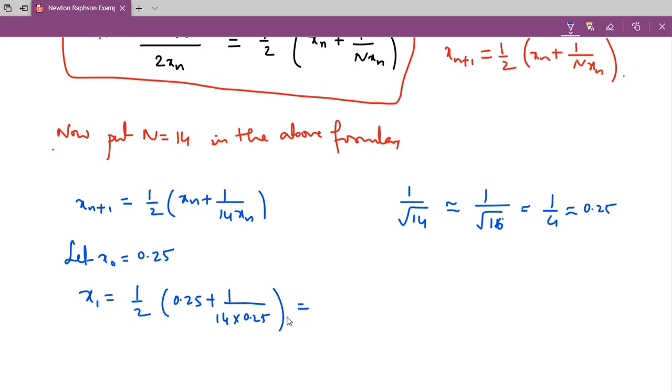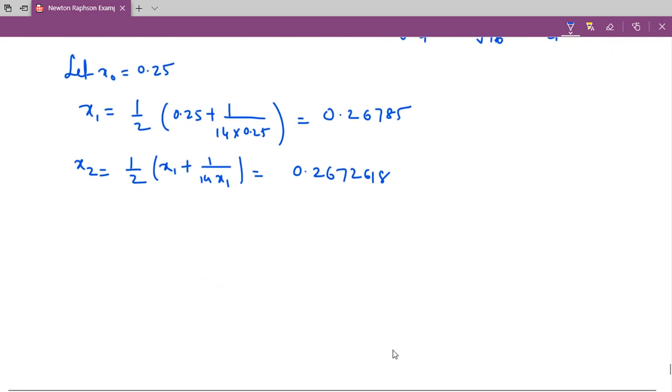This gives the first iterated value, 0.26785. Using x1 in x2, we get 1/2 (x1 + 1/(14 x1)), and using the x1 value here, we get 0.2672618.